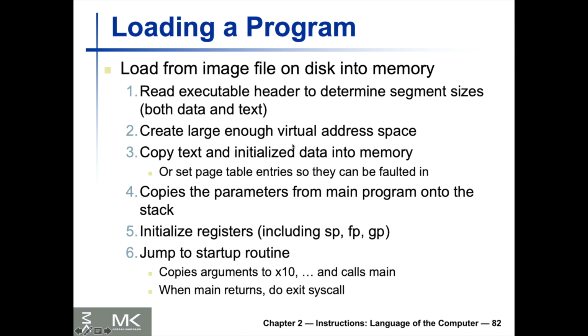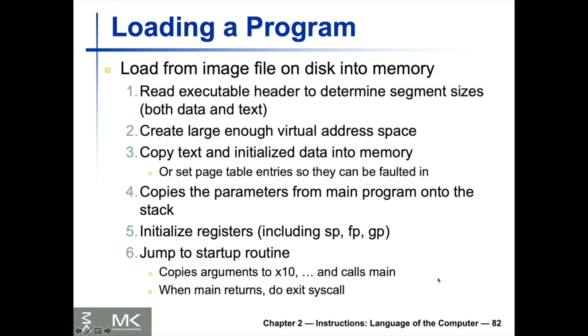We need to create a large enough virtual address space. Then we need to copy those text and data into memory, right? You have to copy all the parameters into the stack. We talked about the stack last session. And then finally, we have to initialize the processor registers and set the stack pointer to the first free location.